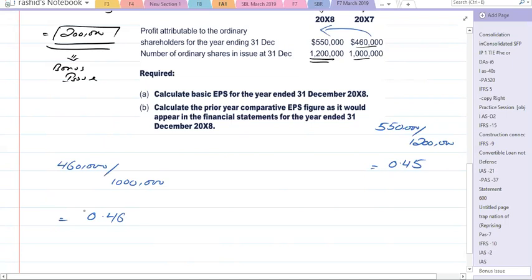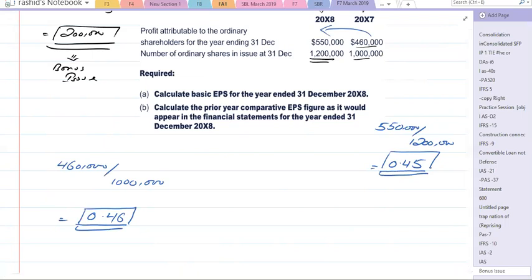The EPS of the previous year was 0.46, and the EPS of this year is 0.45. Now the shareholder is going to think that the EPS has dropped, even though there is an increase in the profit from 4,60,000 to 5,50,000. So if you are not going to restate your comparative, your previous figure, then the shareholders will consider it a drop in the EPS.